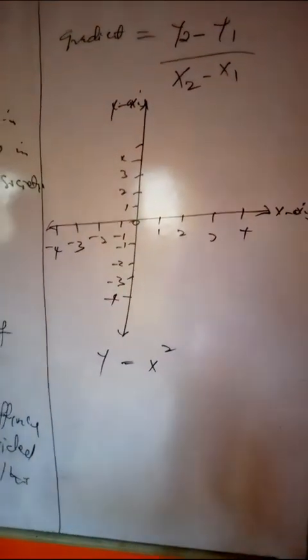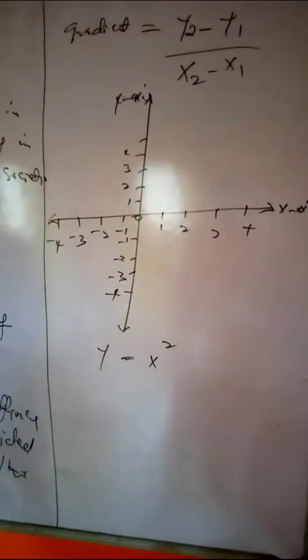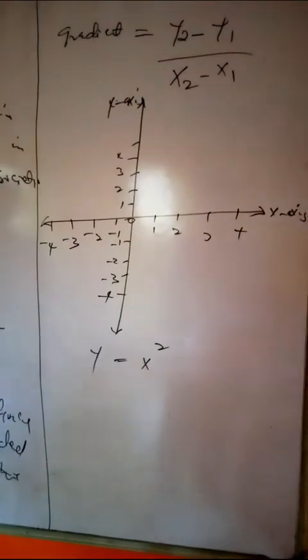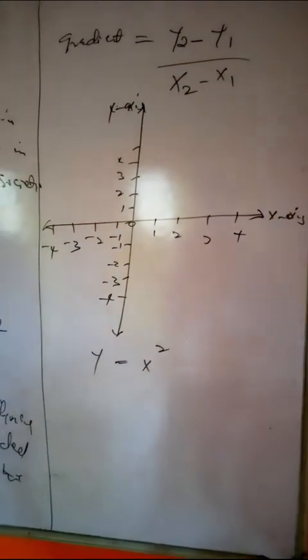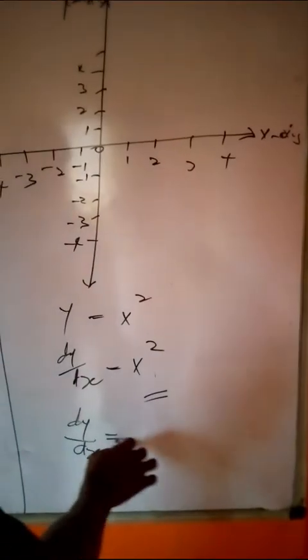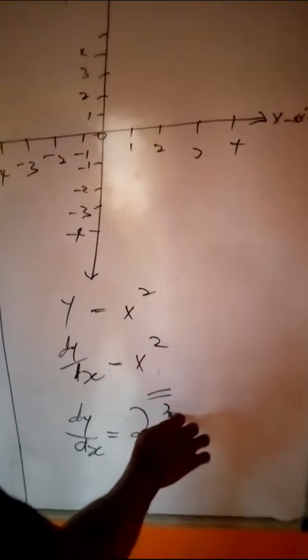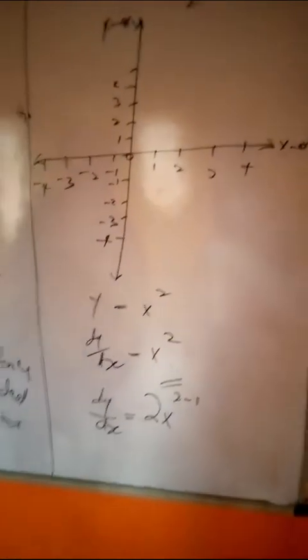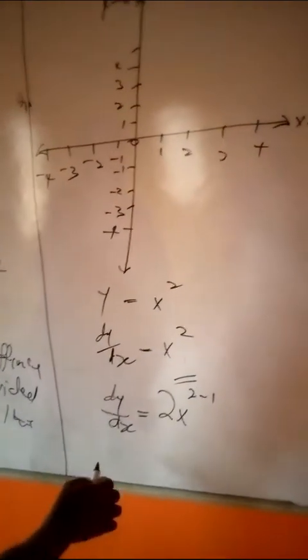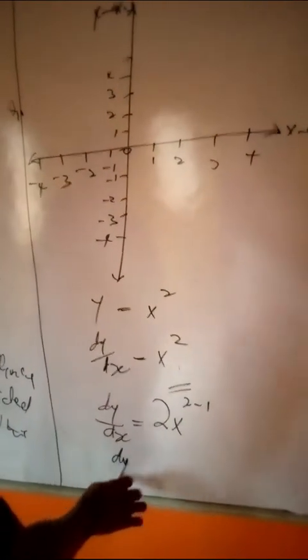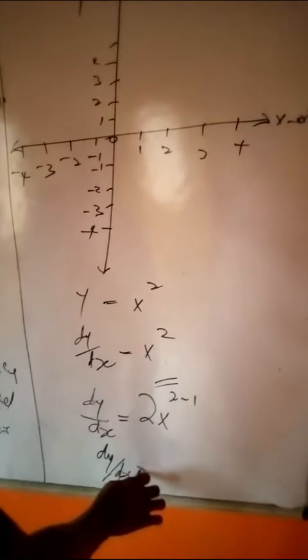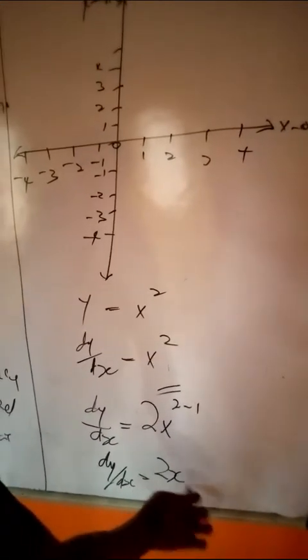We want to find the differentiation of y equals x squared. It is equal to 2x raised to the power of 2 minus 1. So dy/dx is equal to 2x.